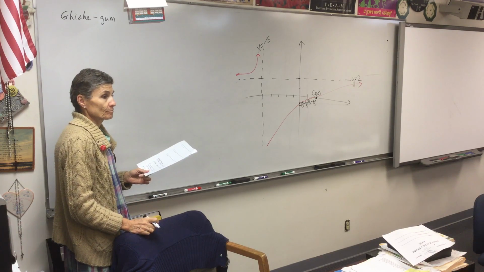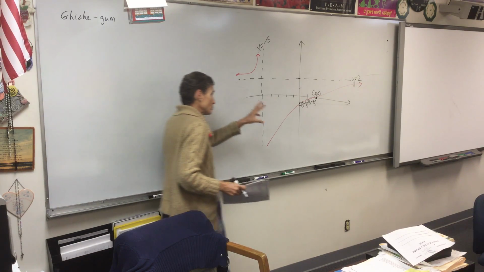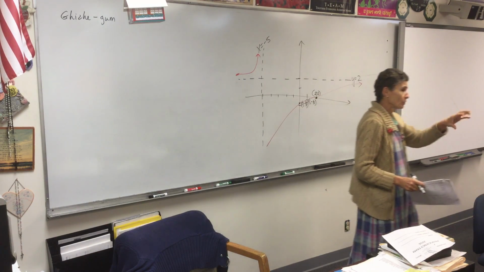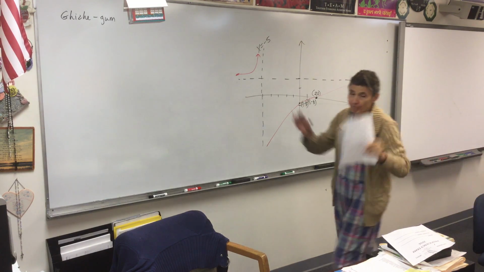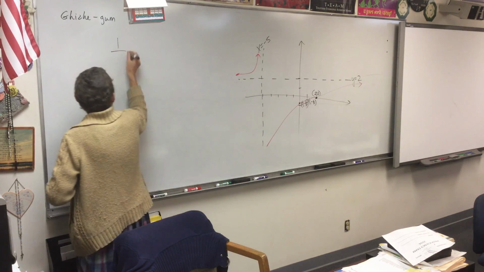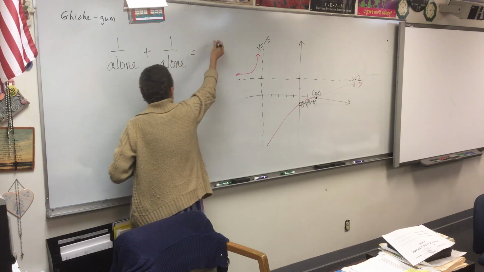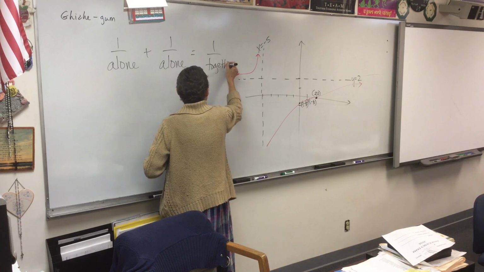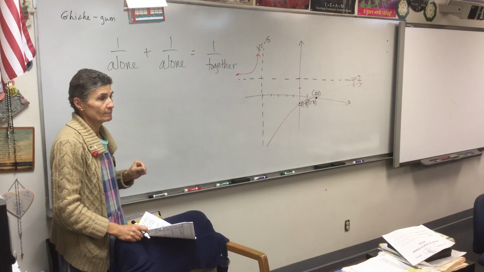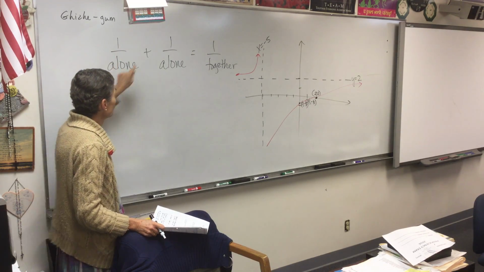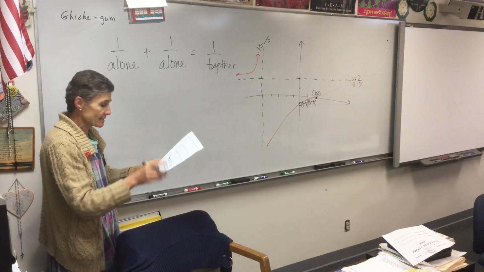To do a problem like this, where Susie's doing a job and Billy's doing a job and they can do it alone or together, there's a formula: 1 over alone plus 1 over alone equals 1 over together. Now kids, these problems are an absolute cinch. If you remember that formula, you cannot miss this problem.